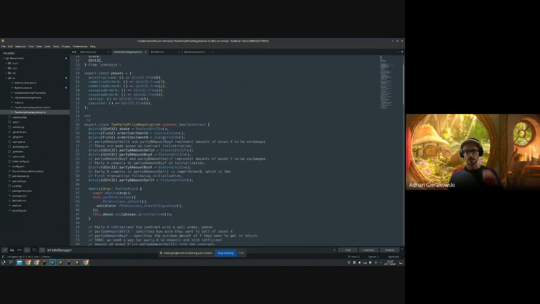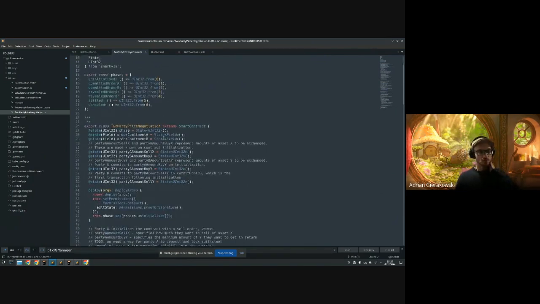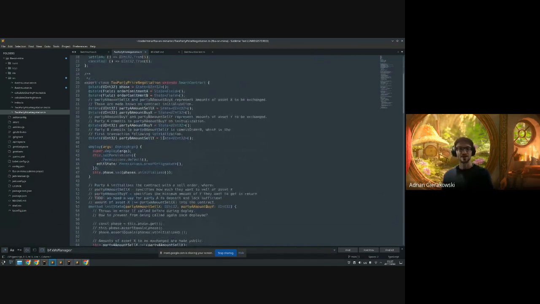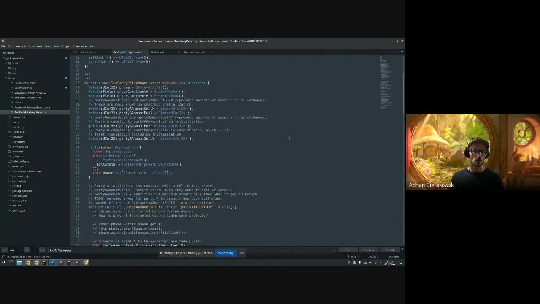So I implemented something which I call two-party price negotiation. It's only two parties, one submitting a sell order saying I have this asset and I want to trade a certain amount of this asset at a certain price.